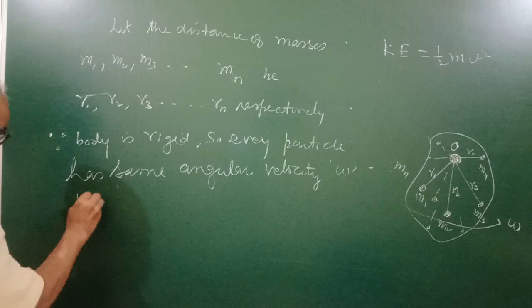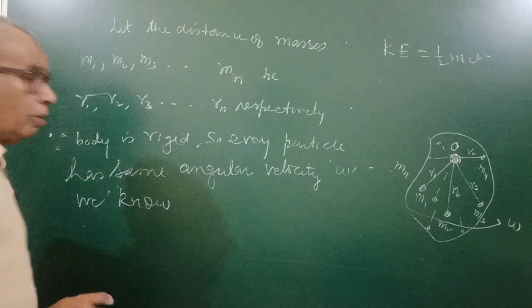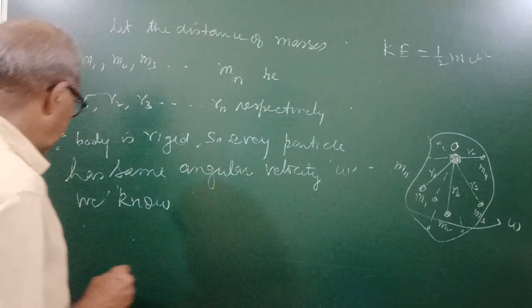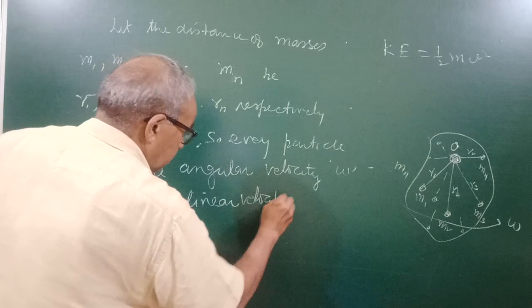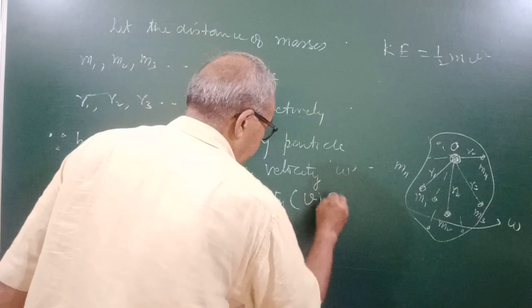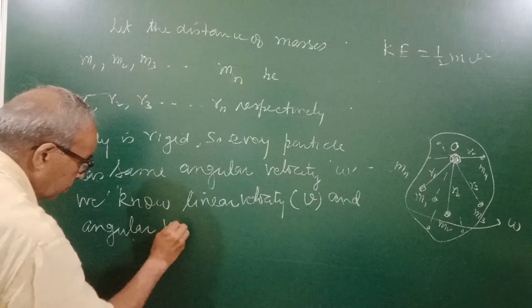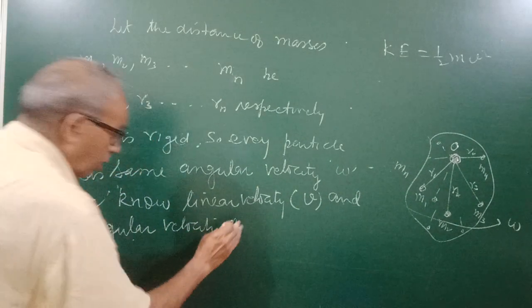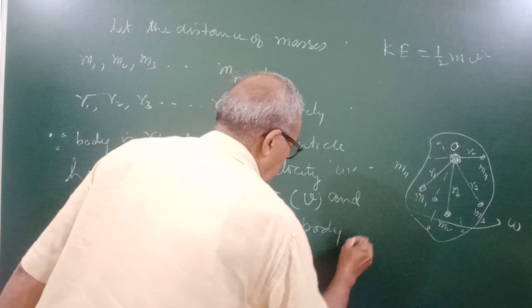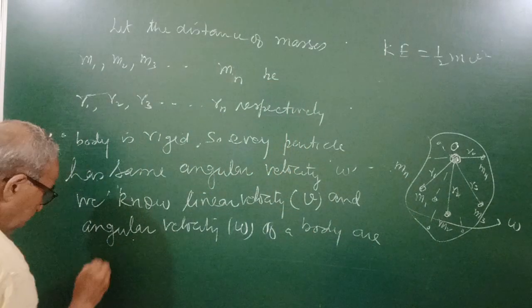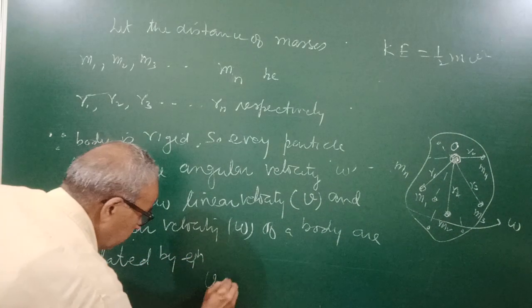We know that linear velocity v and angular velocity omega of a body are related by the equation v equal to r omega.